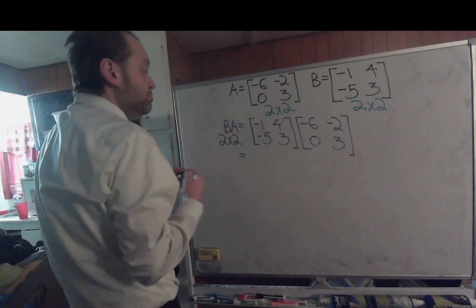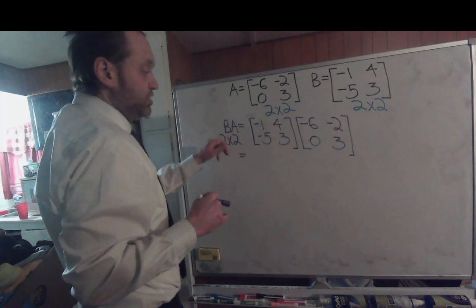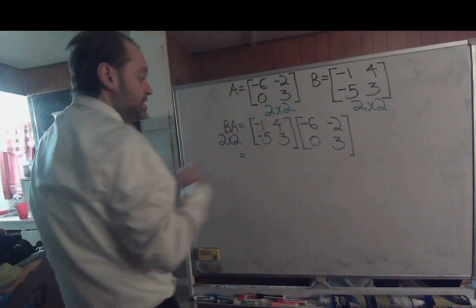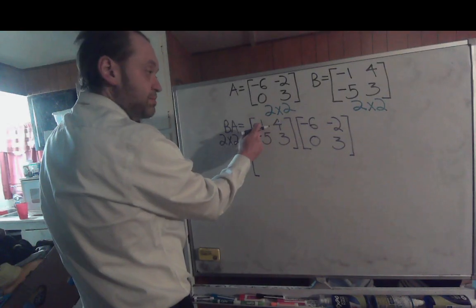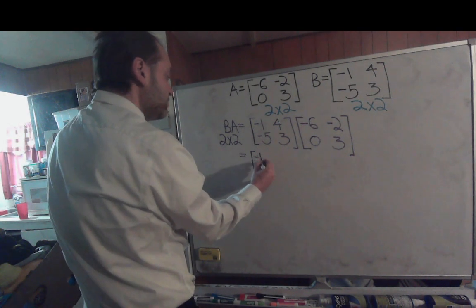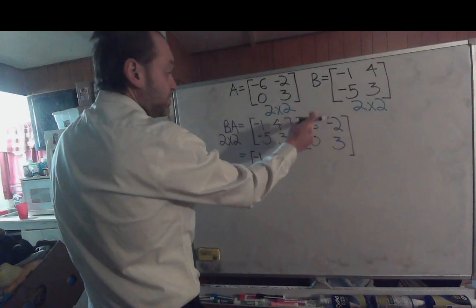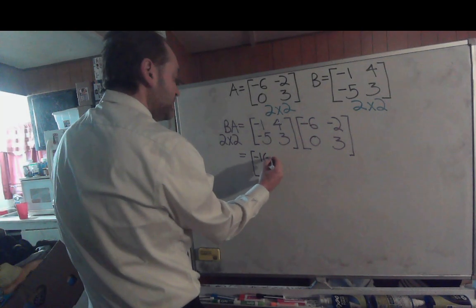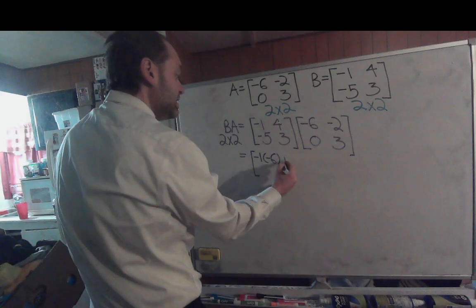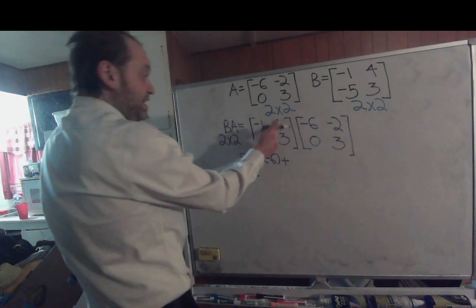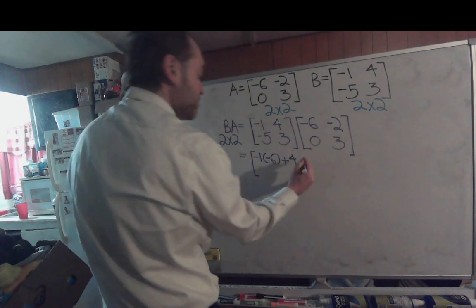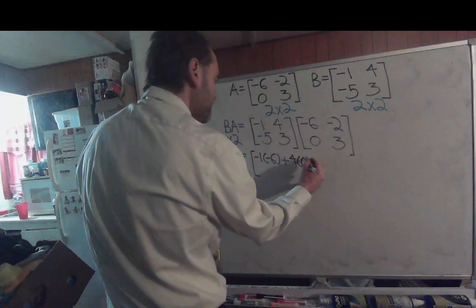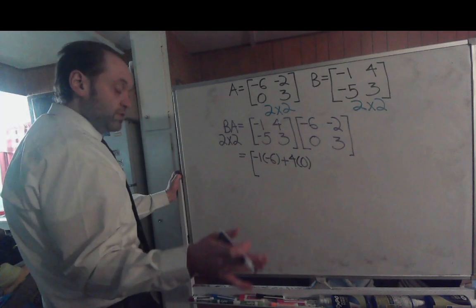So again, to get your entries for the matrix, to get your first number, take the first number in the first row, which would be negative 1, times the first number in your first column, which would be negative 6, plus you'll take the second number in your first row of 4, times the second number in your first column of 0. That's it for your first number.